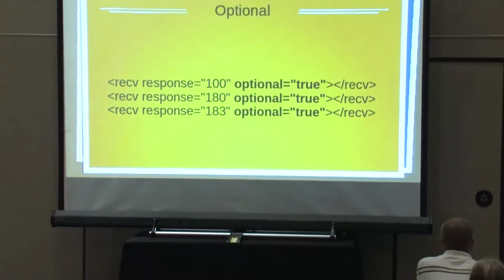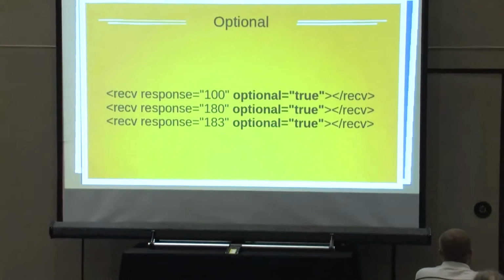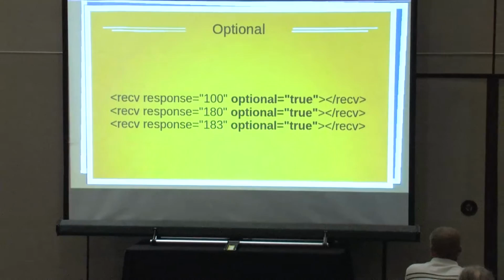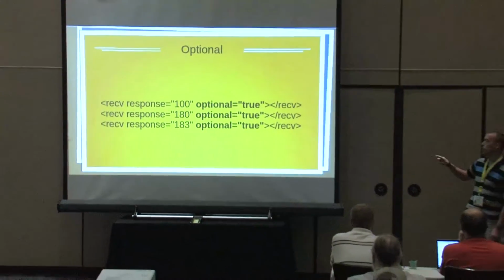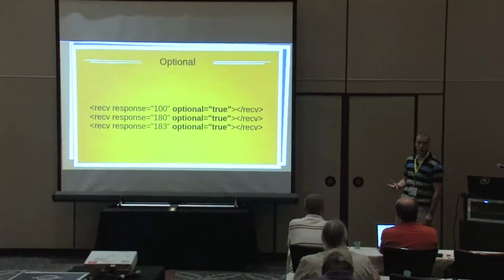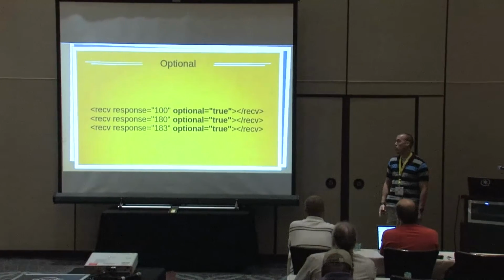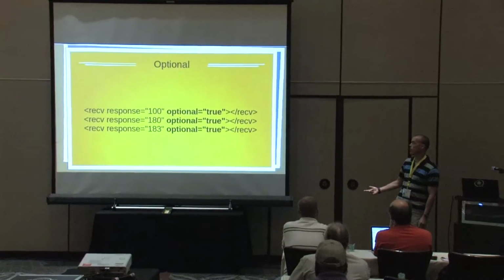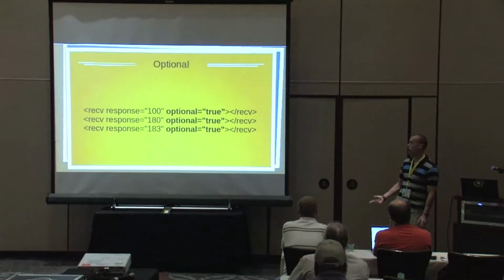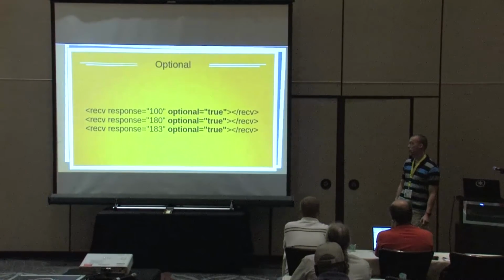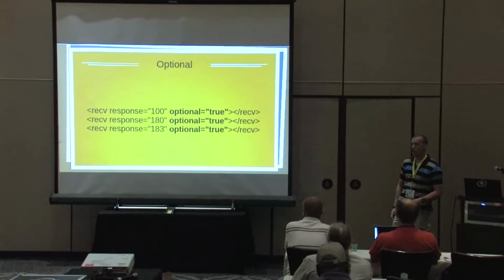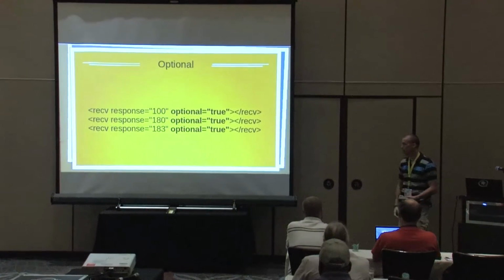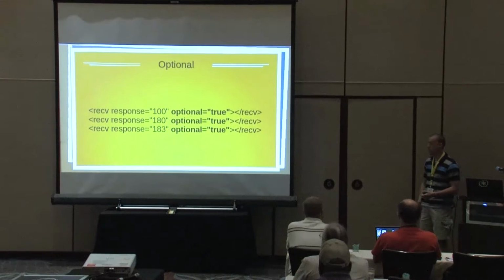So let's say right after the invite, some implementations will not send any 100 Trying, 180 or 183. So you can simply add optional true in your scenario, which means that if the other side does not send you back any 183, for example, that will not fail your scenario, because that specific reception is optional.